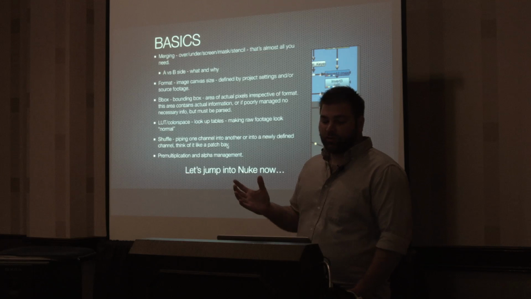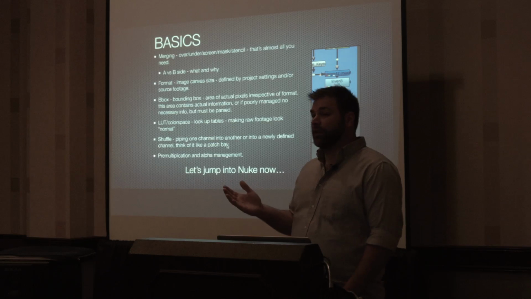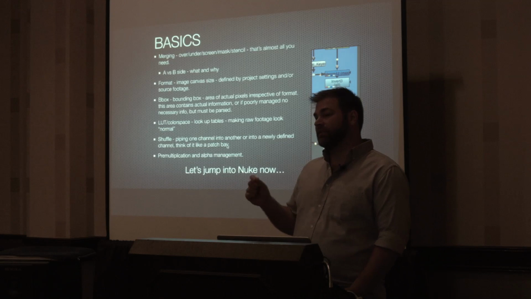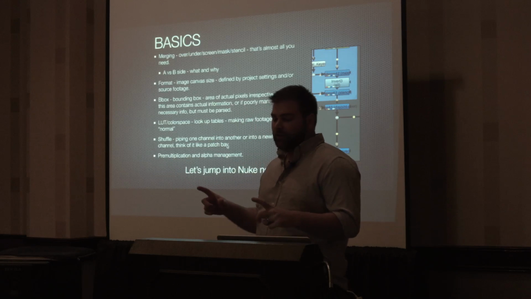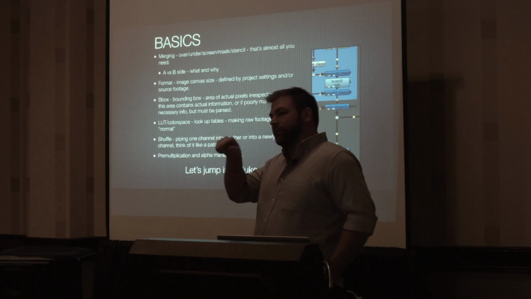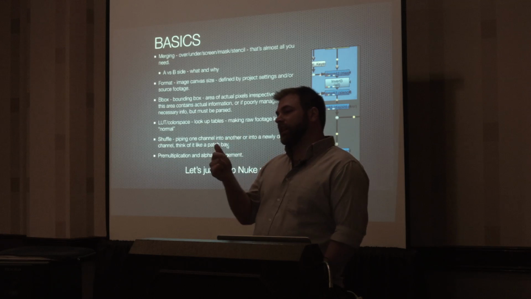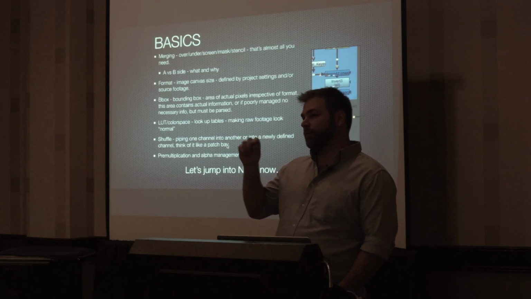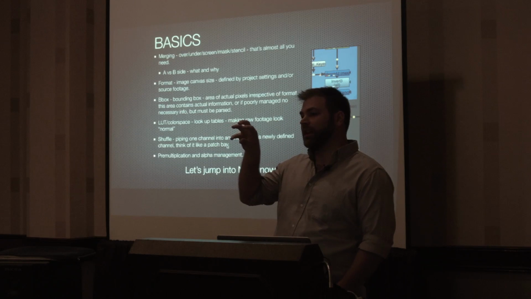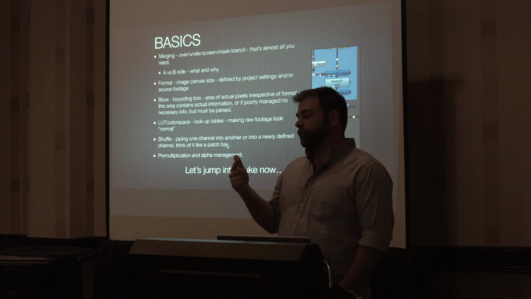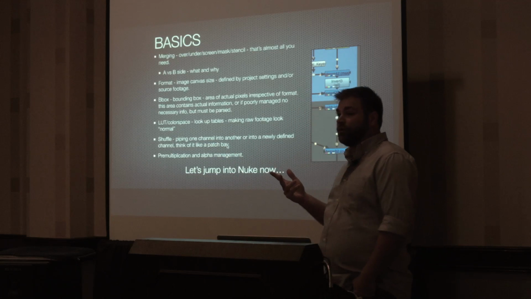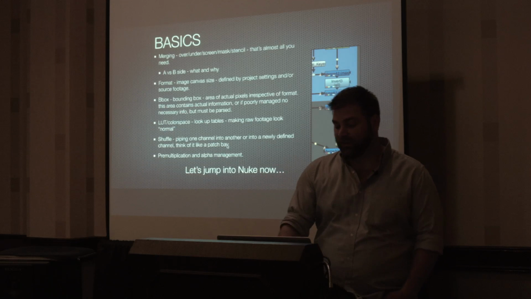I've seen some guys that work unpremultiplied, which means they have an RGB channel that's full frame, and then a subset in there where, if you flip to the alpha channel, you see just the alpha in a smaller area. Then when they merge that stuff back down, it does the trimming. The problem with that is you can't actually see what you're doing, which is my biggest beef with it.